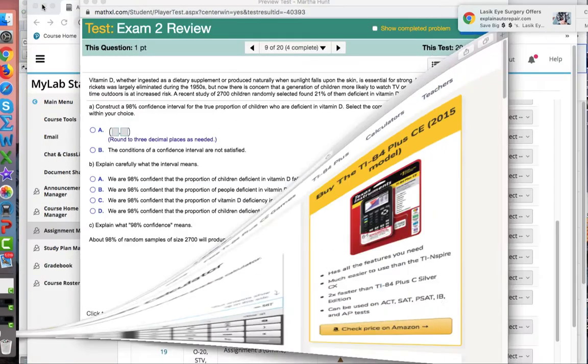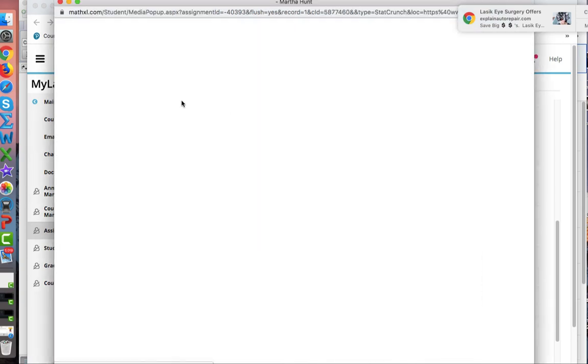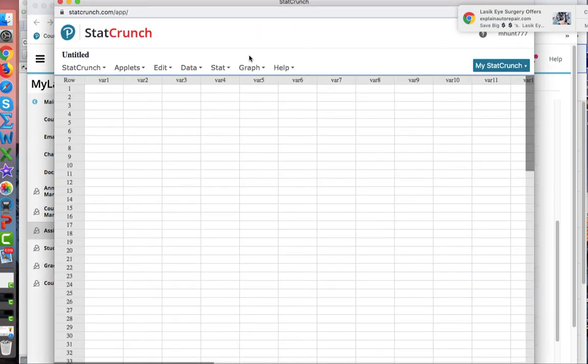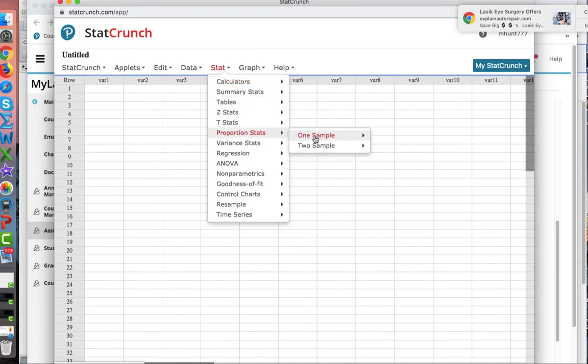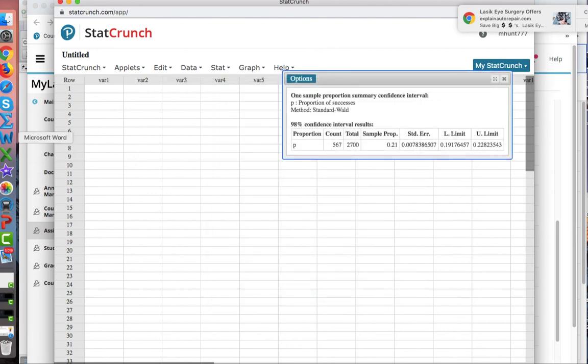And we're going to back out of that, and we're going to pick up StatCrunch, and we're going to go to proportion, one sample with summary. So 567 children out of a total of 2,700 were vitamin D deficient, and we wanted a 98% confidence interval. And we're going to compute.